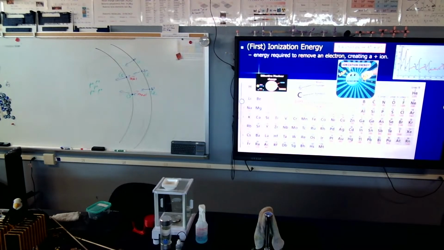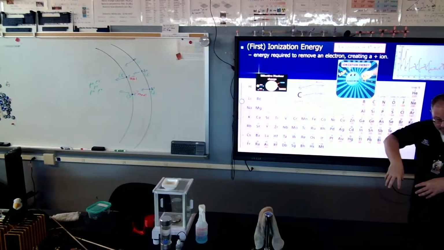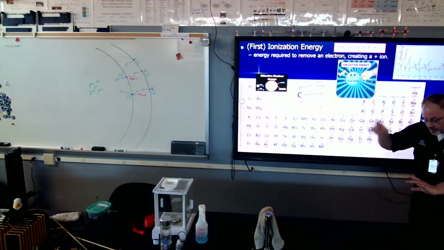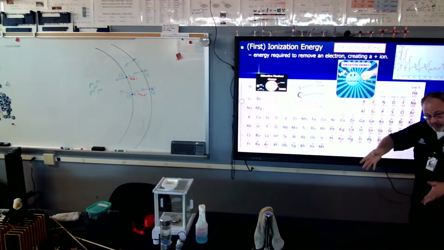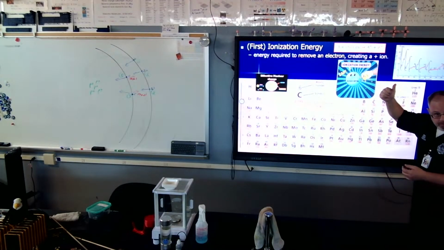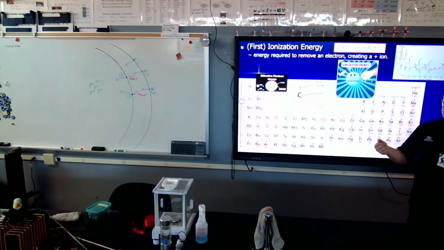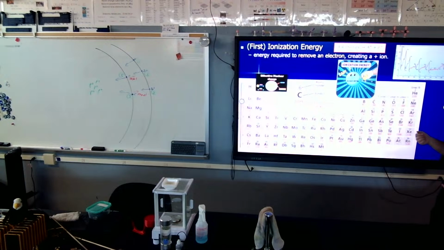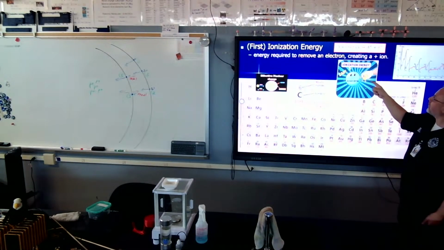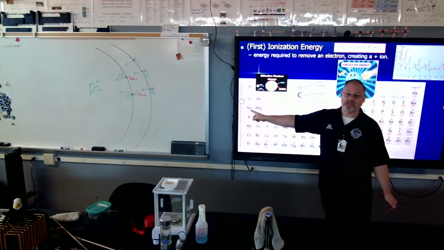You're hovering over the atom, and you want to remove the electron. So I'm going to create an electric field, crank up the juice until that electron pops off. Is it going to be easy to remove a single electron that's very shielded? Yes, it is. It's very easy because that outer electron is the only one in the shell, and it's heavily shielded.